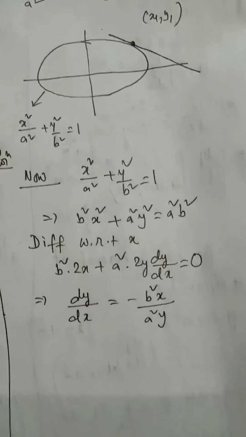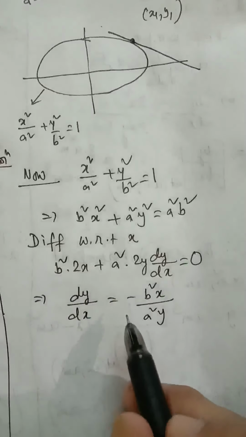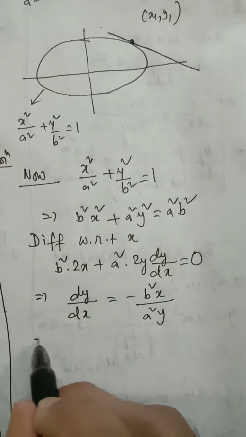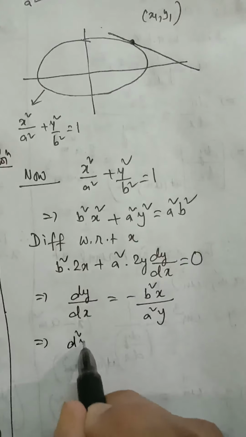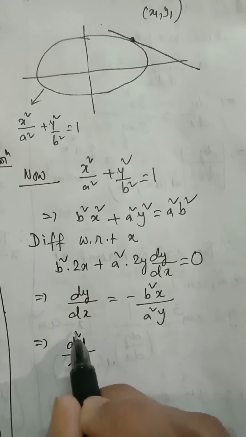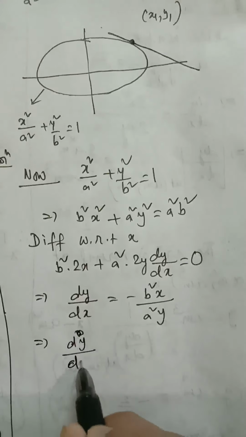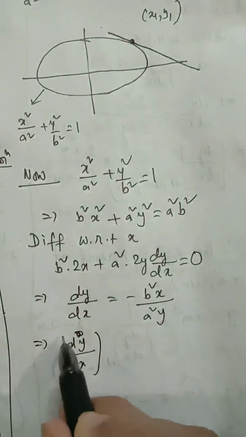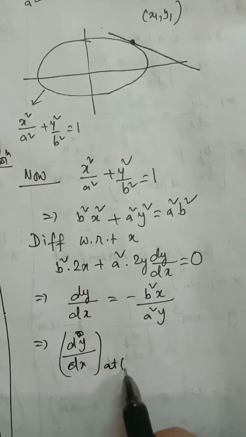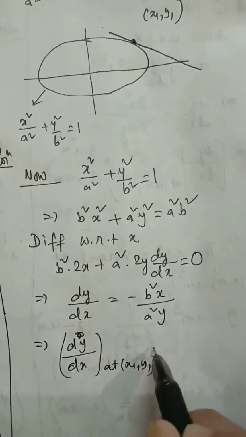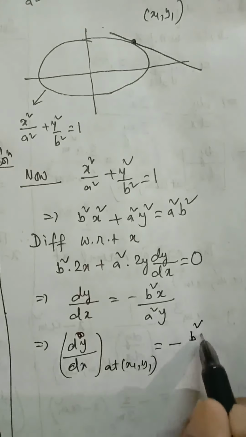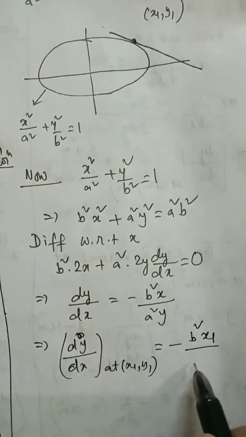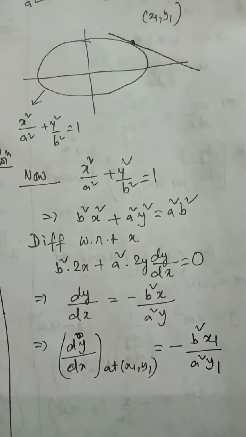Therefore dy by dx equal to minus b square x by a square y. So we have to find the equation of tangent at the point (x1, y1). So dy by dx at (x1, y1) equal to minus of b square x1 by a square y1.